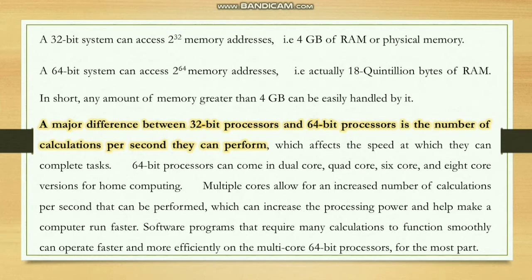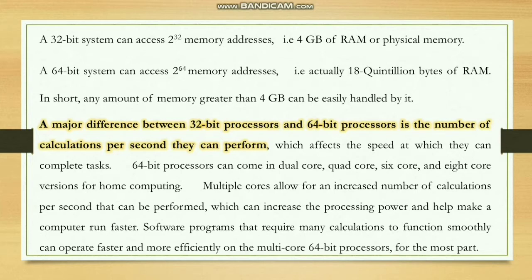And the major difference between a 32-bit processor and a 64-bit processor is the number of calculations per second they can perform. Look here, every second the second processor is able to do 18 quintillion bytes of data, which affects the speed at which they can complete a task.